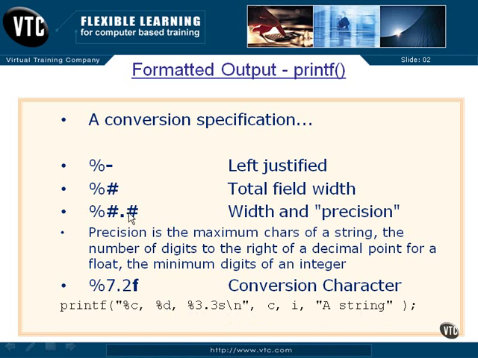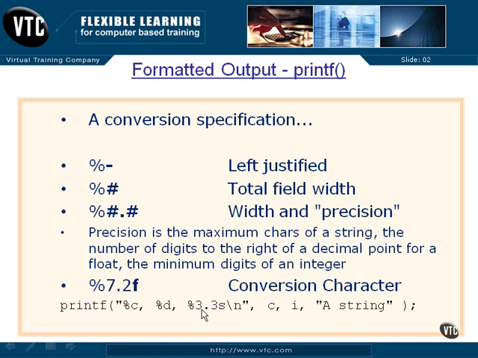Now the precision means different things to different kinds of variables being passed in here, different kinds of values. If it's on a %s, then that's the maximum characters of a string to be printed. So here we have %3.3s. So what I'm saying there is that in a field 3 characters wide, you can put a string of up to 3 characters long.